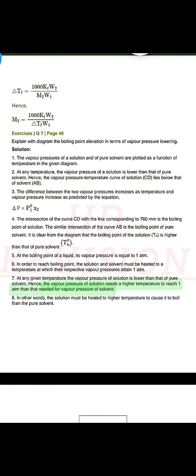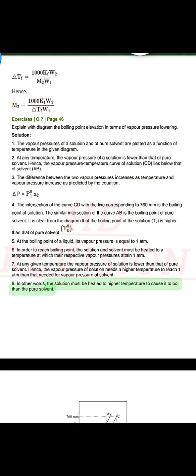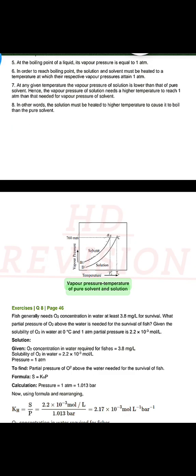Hence, the vapor pressure of solution needs a higher temperature to reach 1 atmosphere than that needed for vapor pressure of solvent. In other words, the solution must be heated to a higher temperature to cause it to boil than the pure solvent. Vapor pressure temperature curves of pure solvent and solution.